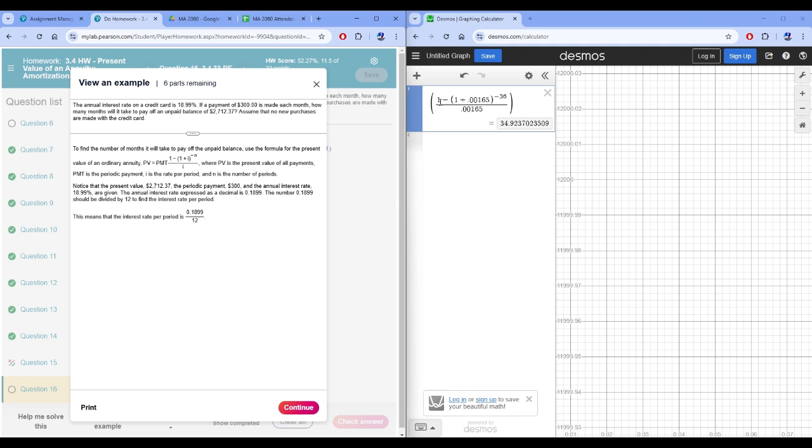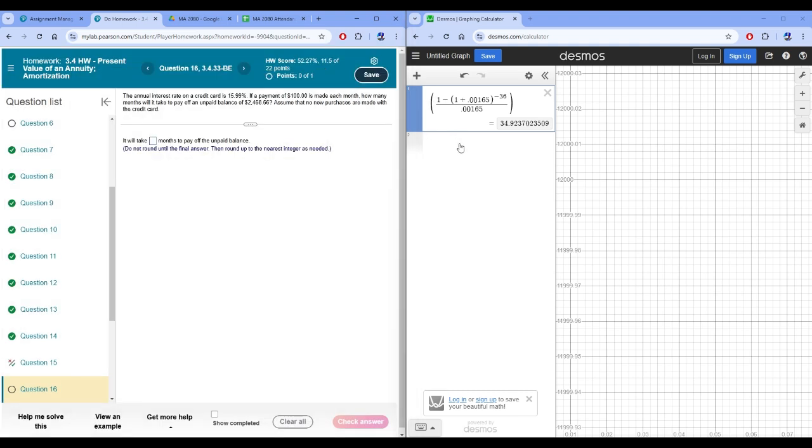Okay, so it's just that payment over 1 minus 1 plus i. So here it's 0.1599 divided by 12 for monthly, that's my new interest rate, 0.013325.